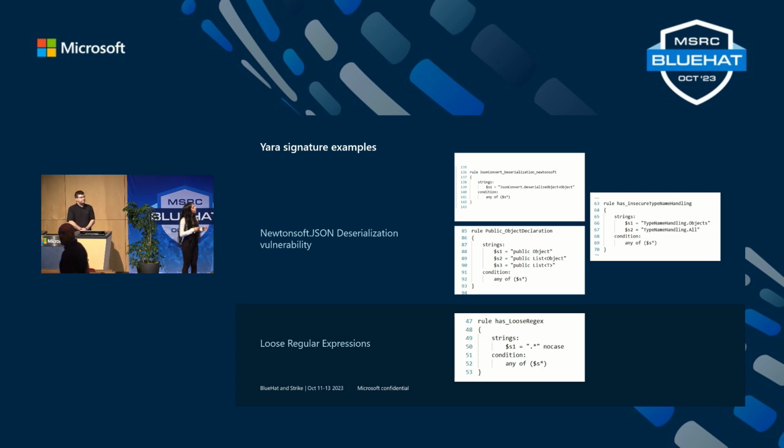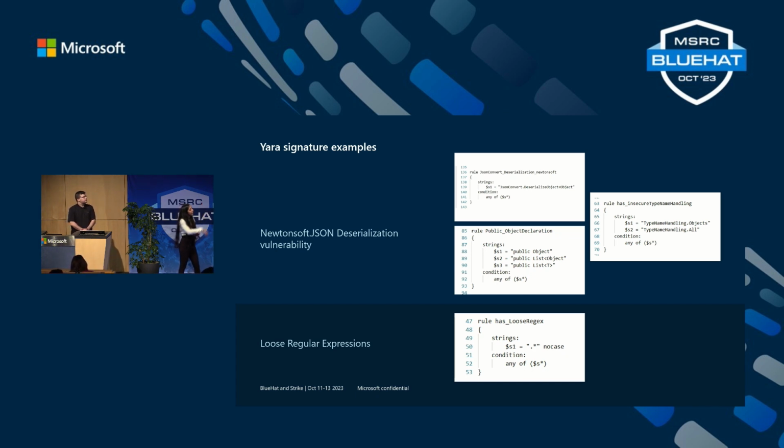If you look at the first slide, the first image up there, that defines whenever the JSON convert function has been used. That's a Newtonsoft method, and it basically tries and detects whenever JSON convert has been used in code. And we have to look for use cases when that has been used in combination with insecure type name handling.